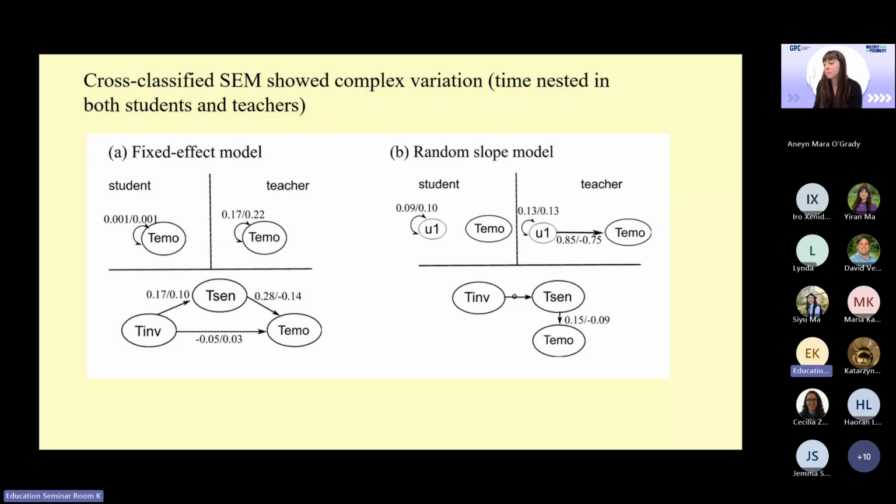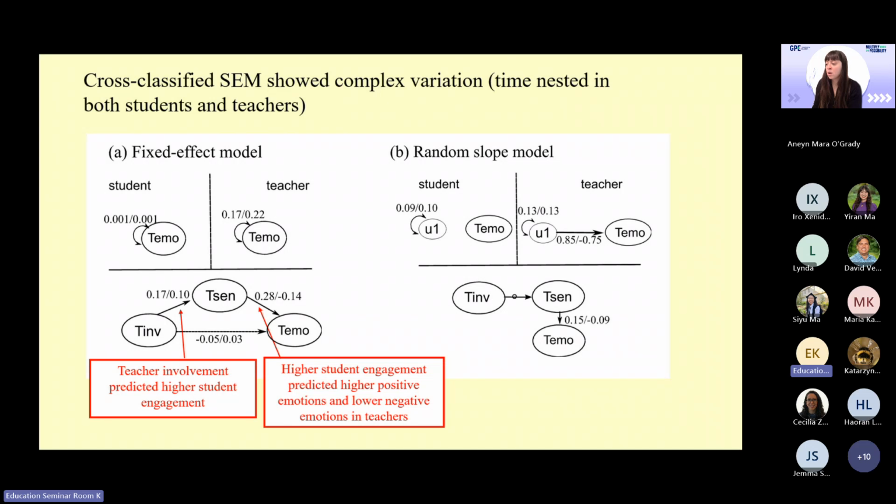We then modeled teacher involvement here at the within level. Teacher involvement predicted higher student engagement. The number before the slash is positive emotions, and after the slash is negative emotions.